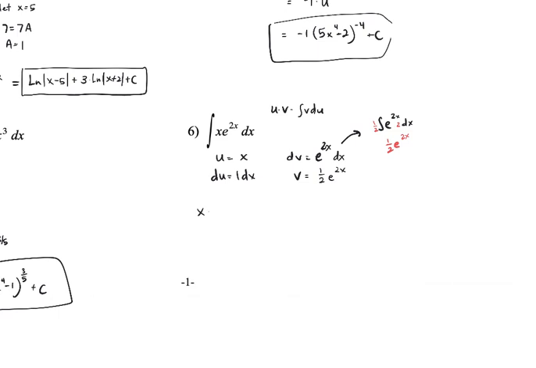U times v minus the integral of v, which is the 1/2 e to the 2x. I'm going to bring the 1/2 in front of the integral sign. That's v times du. And all that's left to do is the antiderivative of e to the 2x, which we already did over here. The antiderivative of e to the 2x is another 1/2 e to the 2x.